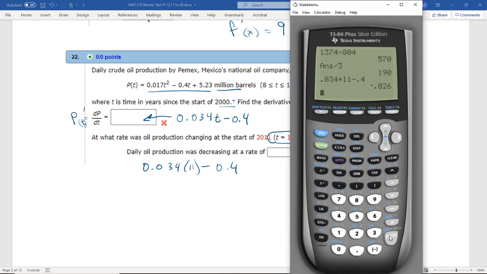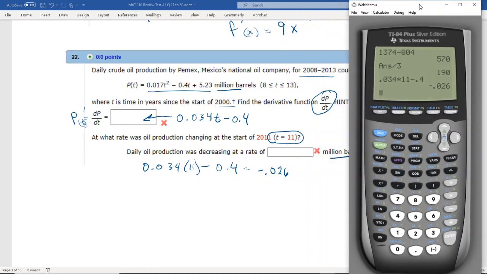And we come up, it was decreasing. So the answer is negative 0.026. That's the derivative. But since it already says decreasing, we don't want to put in the negative. We just want to put 0.026. Okay.